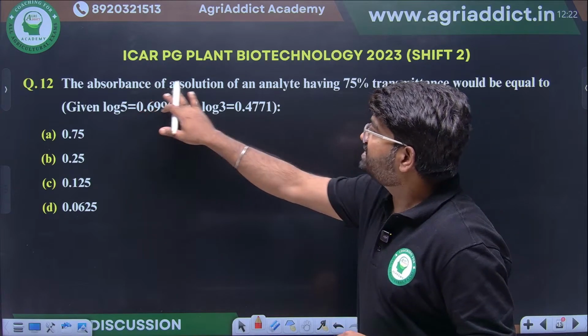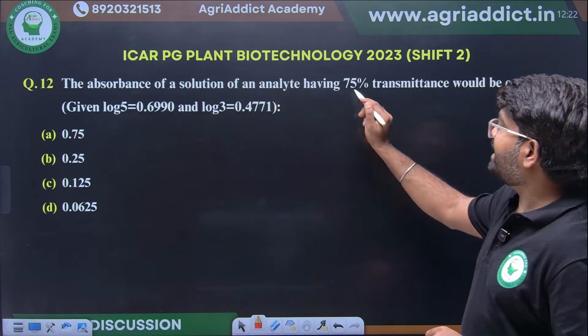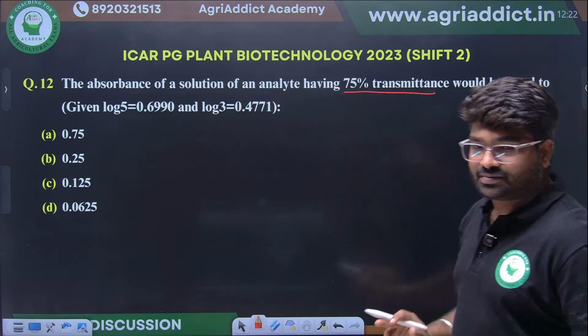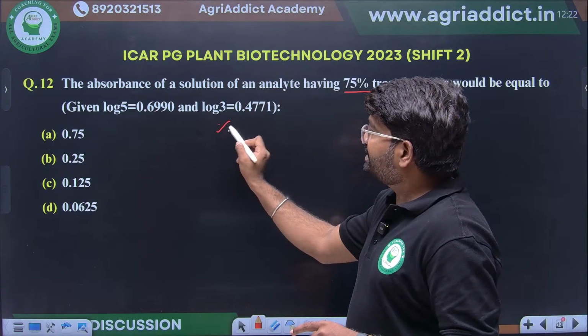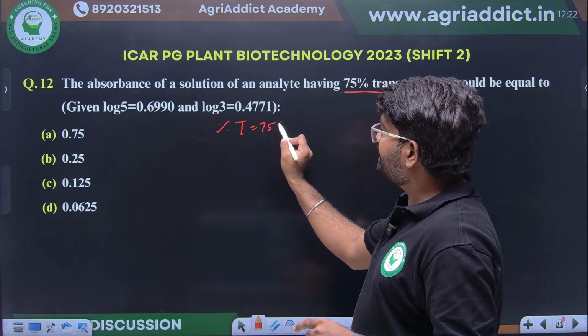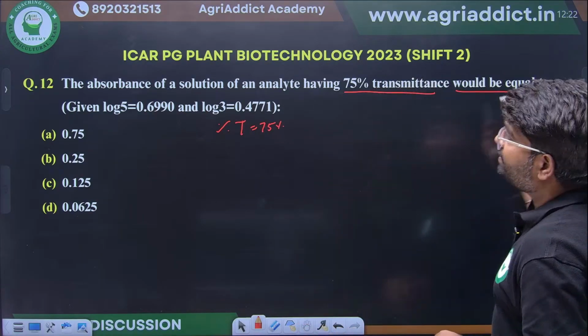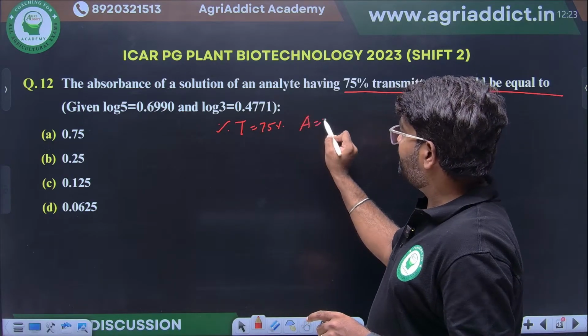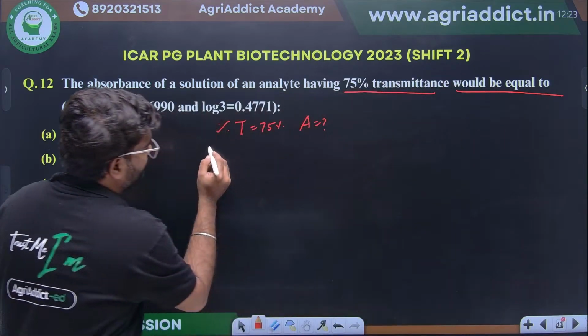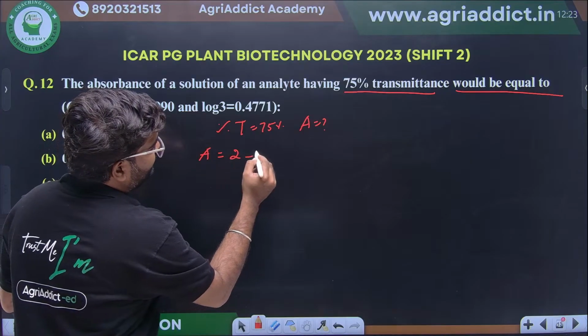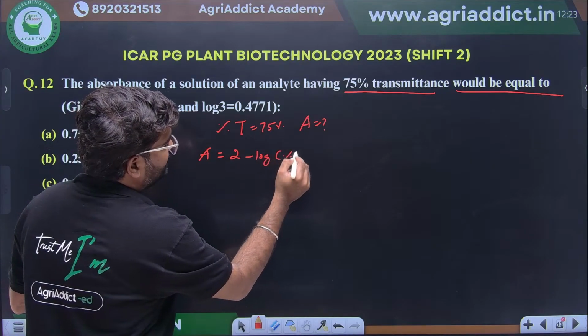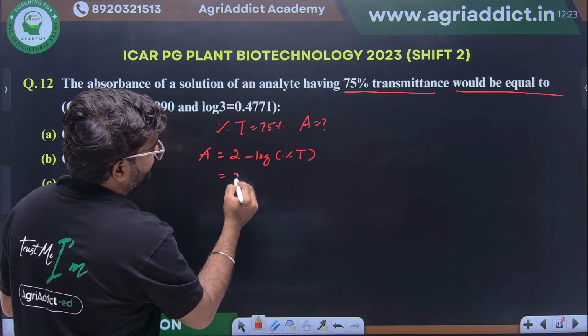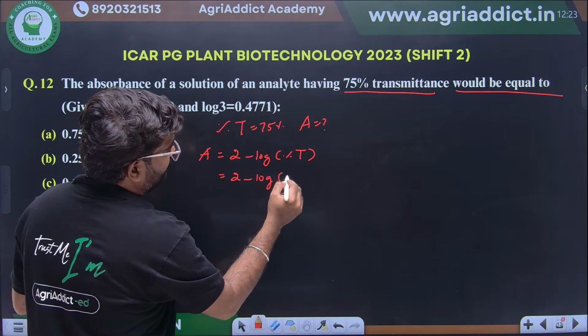The absorbance of a solution of analyte having 75% transmittance would be equal to what? They are asking what will be the absorbance. We know absorbance equals 2 minus log percent transmittance. They have given the percent transmittance value, that is 75.